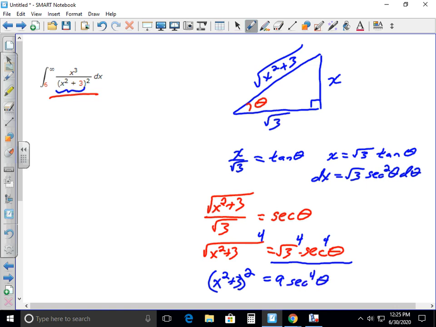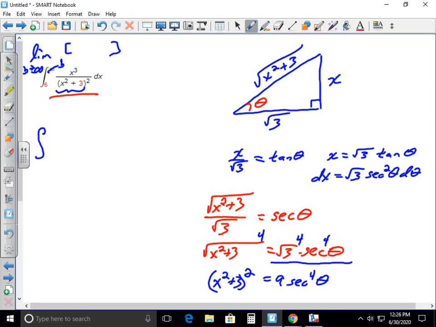So now we can make our substitutions. I'm going to leave the limits off of our integral to begin with. And then when we get through, we're going to have to come back and do the limit as, if it's the upper limit, we're going to call that b. So the limit as b goes to infinity of whatever we get for our integral.